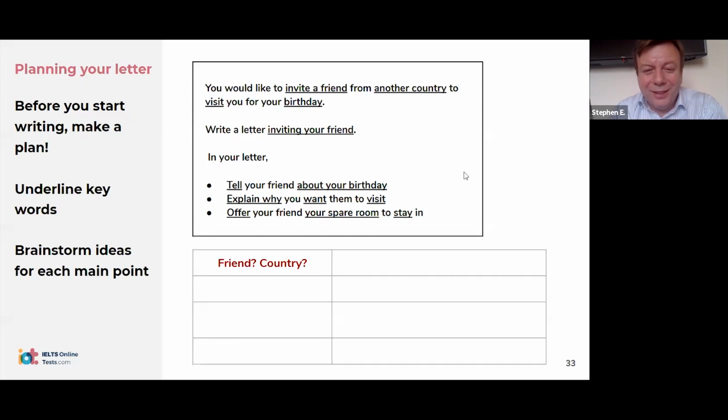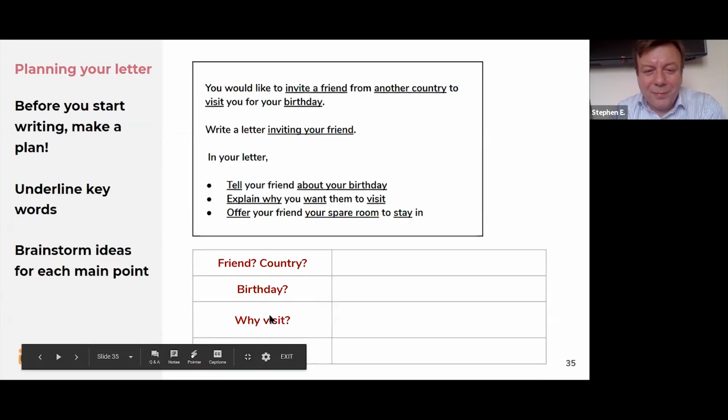London, Malta. Birthday: which birthday would you be celebrating next? Okay, 24th, 29th. Why visit? Can you accept the birthday? Can you think of any other reasons maybe?